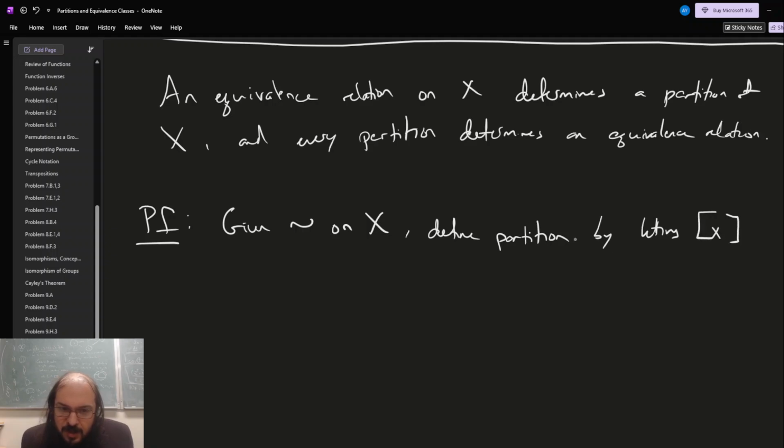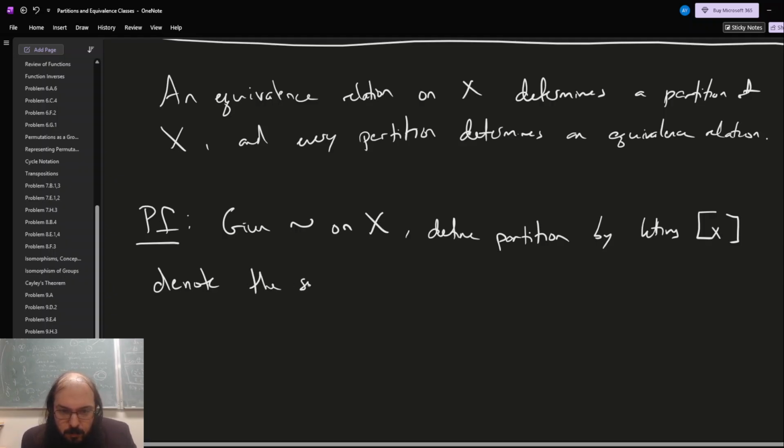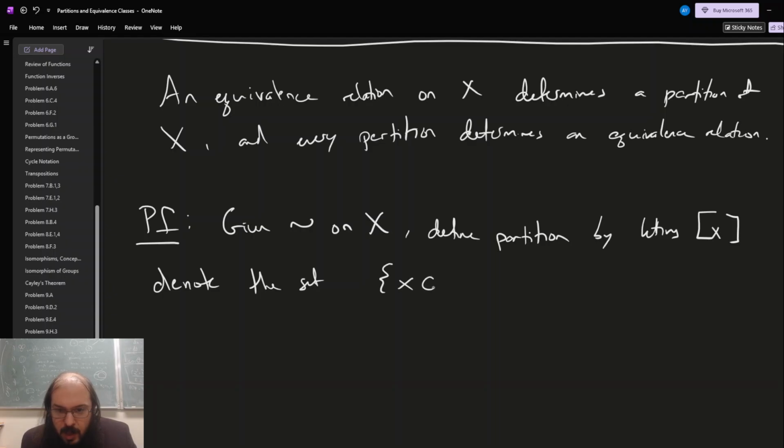by letting square brackets X denote the set of, how about we write Y in X? I don't want to overuse the letter X. How about we say the Y's in X such that Y is equivalent to X?